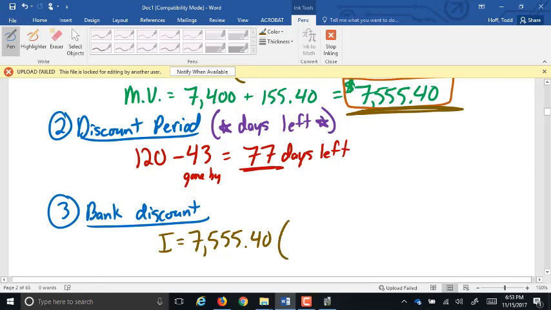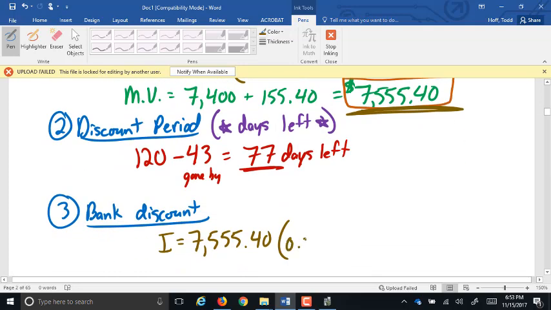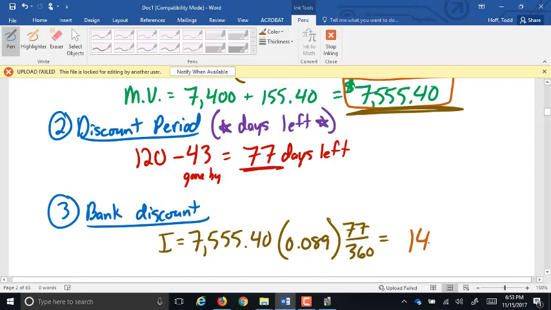The bank's discount rate was 8.9, 0.089, and the days will be 77 over 360. $143 point what? 83 cents. 0.825, okay, 83. That is the bank's discount.